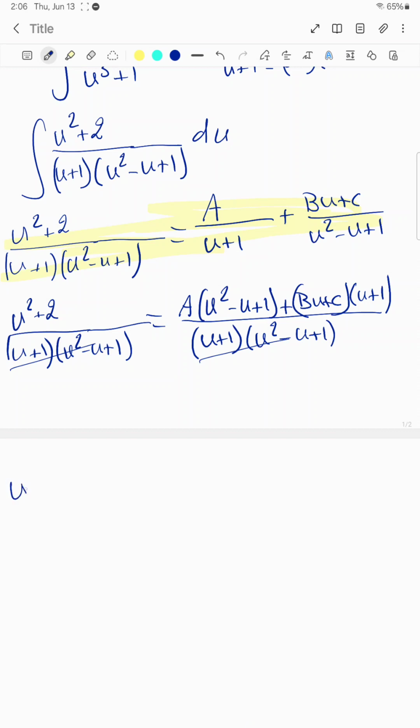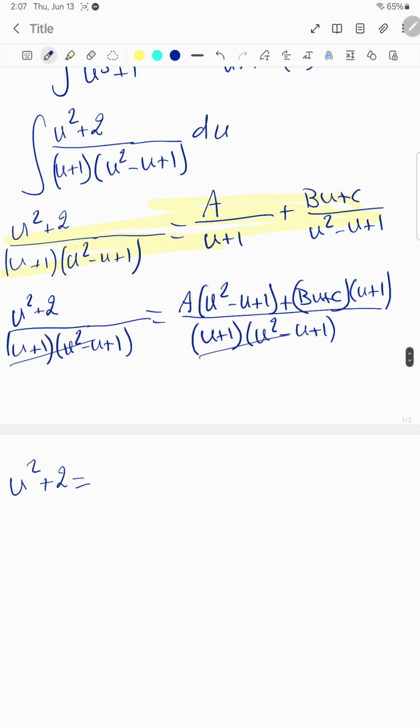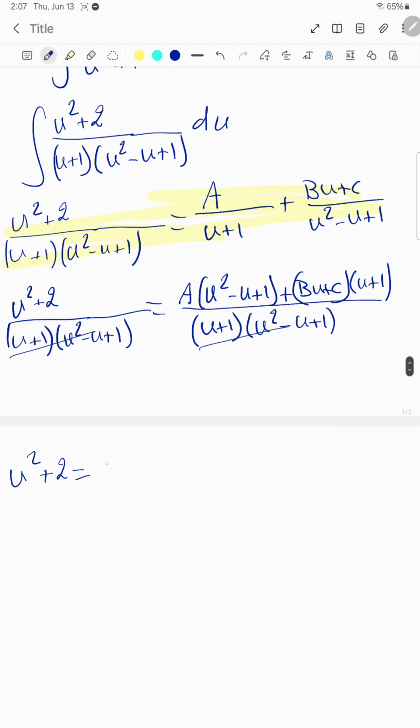So it becomes u square plus 2 equals, and let's develop the right-hand side. A times u square is Au square minus Au plus A plus Bu square plus Bu plus Cu plus C. Now let's factor out the ones with the same variable on the right-hand side.